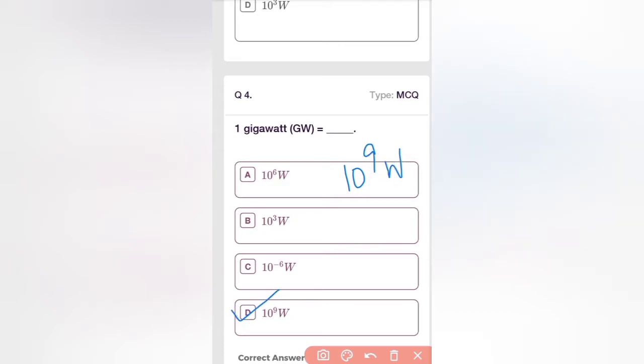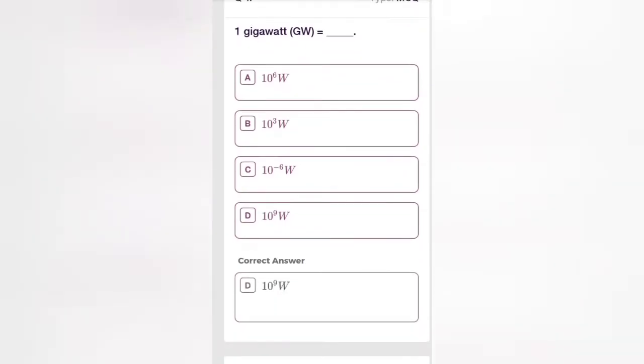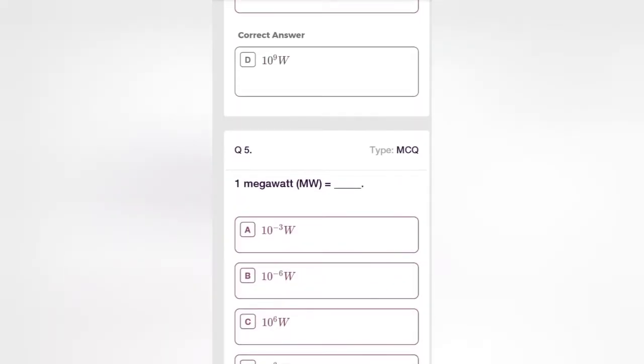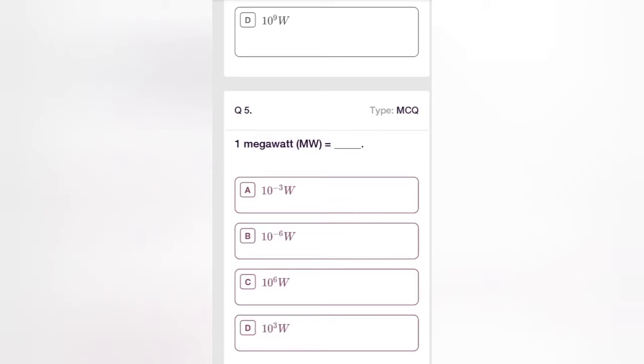It must be option D. Option D is the correct answer. 1 megawatt is equal to, mega is given as 10 to the power 6 watt. That is, option C is the correct answer.